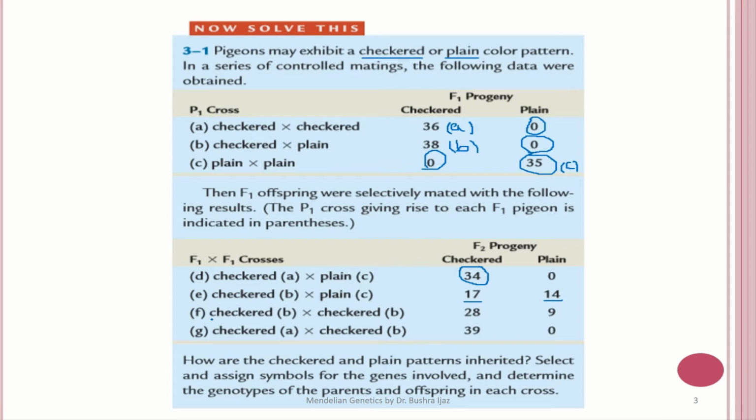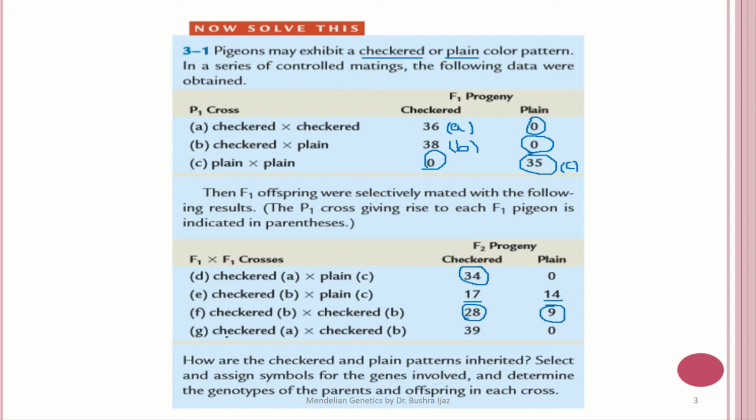See this cross in which they have taken checkered B and checkered B again. They were crossed with one another, checkered B pigeons. The resulting progeny is amazing: 28 checkered, 9 plain.